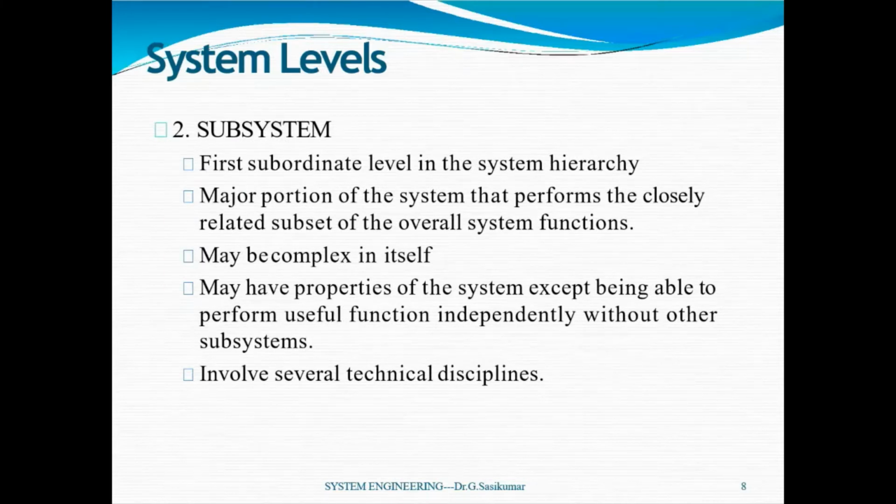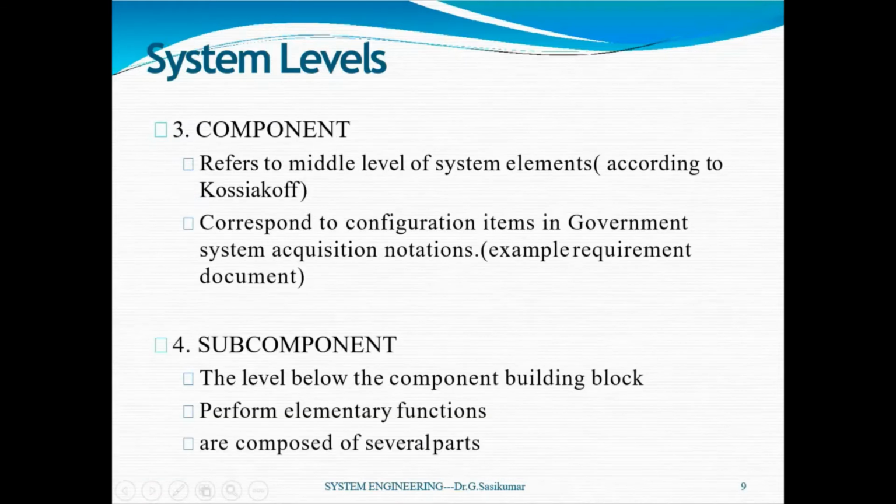A subsystem is a major portion of the system that performs a closely related subset of the overall system's functioning. It may be complex itself, and it may have the properties of a system, being able to perform a useful function independently without other systems, and involve several technical disciplines. These are some of the features of a subsystem in systems engineering concepts. A subsystem is simply a subordinate, and most of the complex operation will be done by the manager.